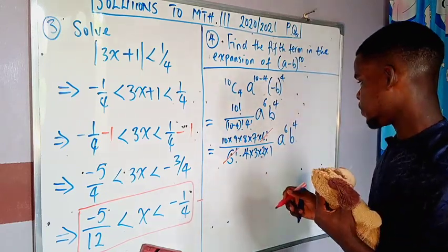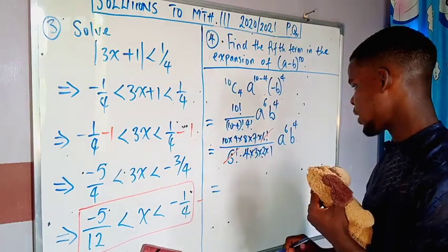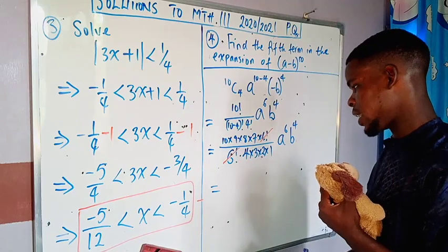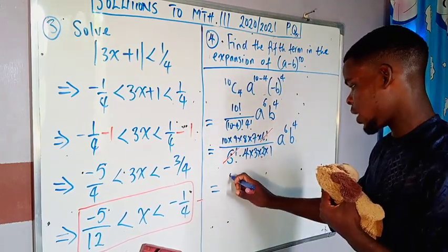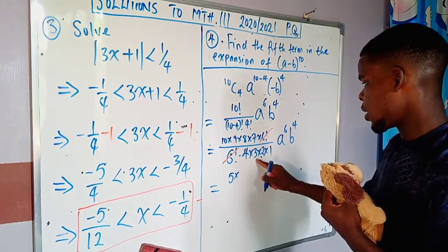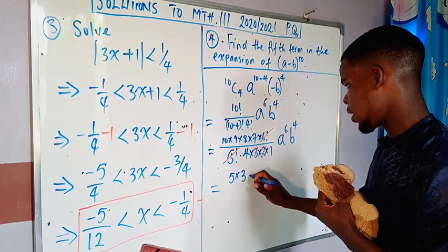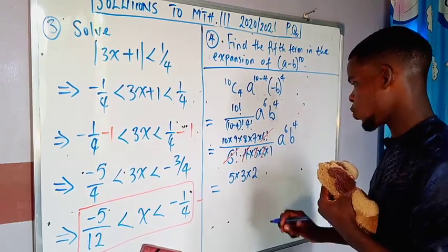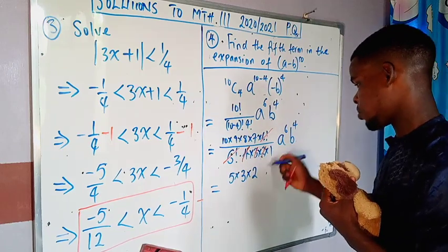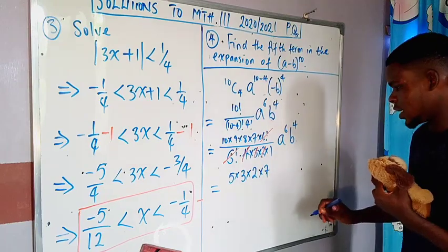Then you notice that 4 can cancel out with 8 and we will be left with 2 in place of 8. 2 can cancel out with 10, to give us 5 there, right? 3 will cancel itself. We cancel 9 and we'll be left with 3 there. 4 will cancel itself. To cancel 2, 8, we are going to be left with 2. Then 1, of course, doesn't mean anything when it comes to multiplication. So we just keep it there.